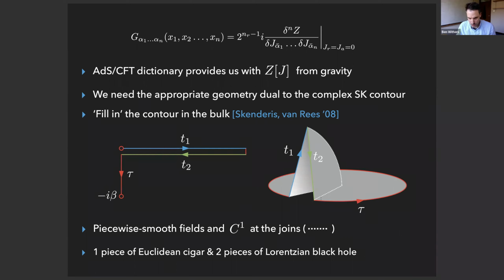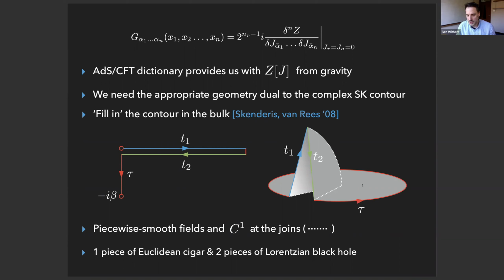Then we want to make sure that we join all of these pieces together in a way that solves the Einstein equations. And the way we do that is by ensuring that everything is C1 continuous, C1 smooth across these gluing surfaces. So we have this piecewise solution, a Euclidean Schwarzschild and two Lorentzian pieces of Schwarzschild, and we glue them together.